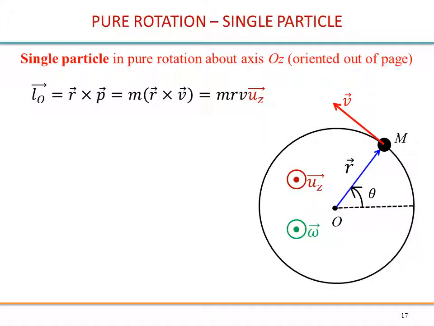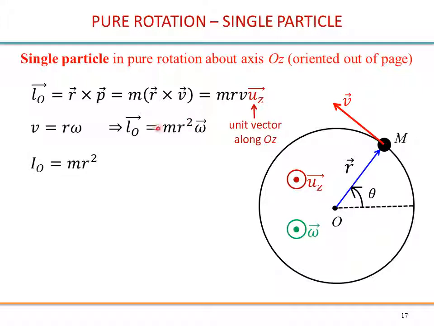But what if we replace v, which is a linear variable, by an angular variable? So v equals R omega. We replace this, we get L_0 equals m r squared omega. So omega is a vector pointing in the right direction, so that's perfect.